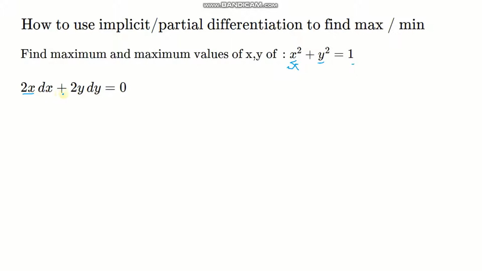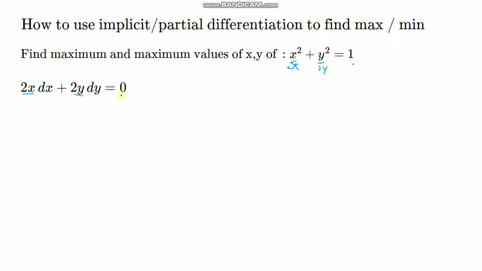Now we take the derivative in terms of y. So y squared becomes 2y, and x squared is considered a constant. So by partial derivative, x squared plus y squared equals 1 gives 2x dx plus 2y dy equals 0.